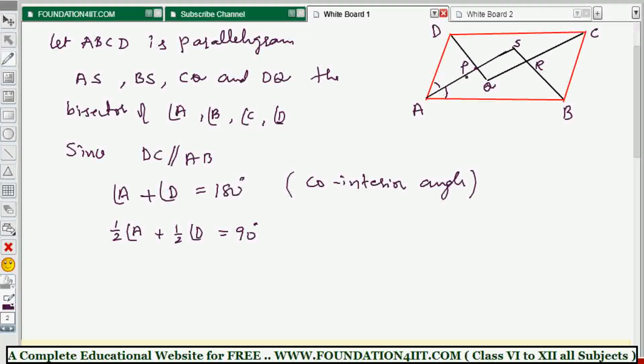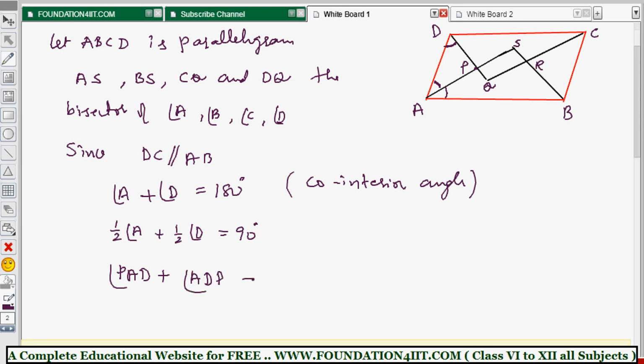So half of A means I can take angle PAD, plus half of D, which is angle PDA, or ADP.